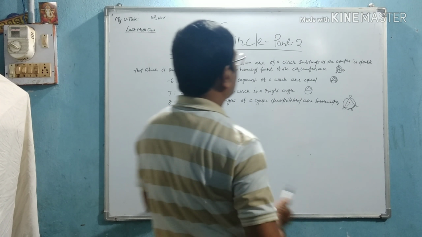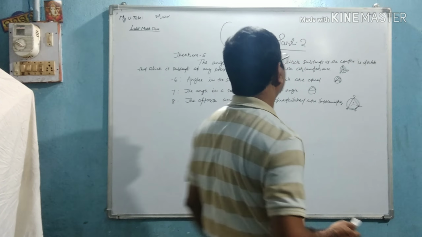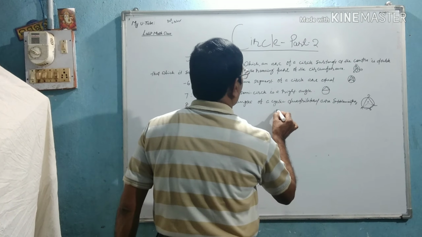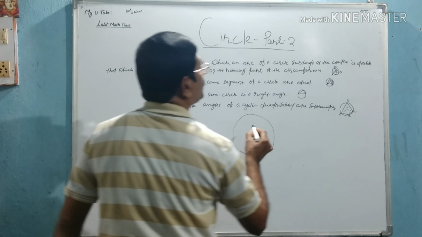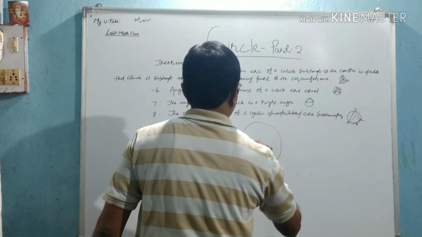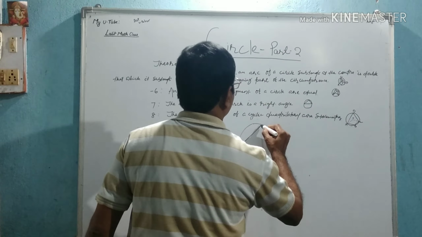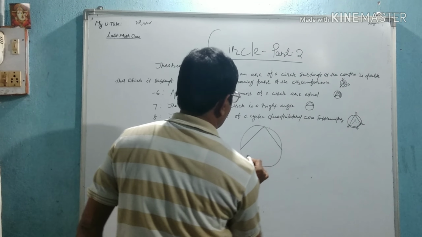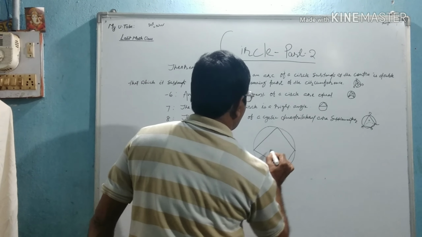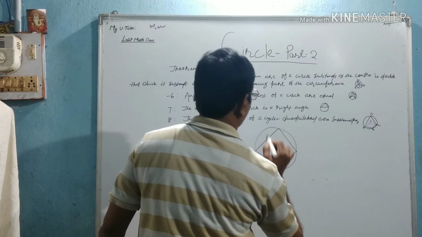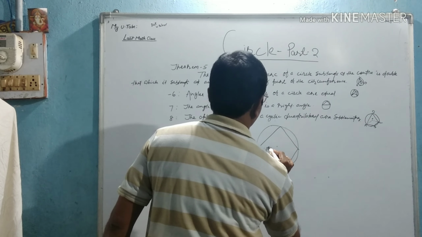And come to the fourth theorem, as mentioned here, the angles in a cyclic quadrilateral. First of all I want to tell you, in a cyclic quadrilateral, the quadrilateral has been inscribed inside the circle, and here you see this one, and the quadrilateral is like this, and here is your center.